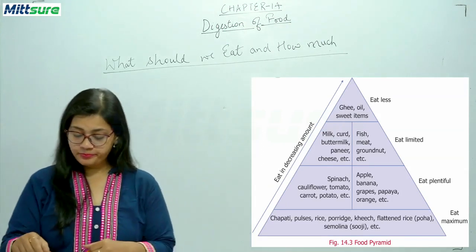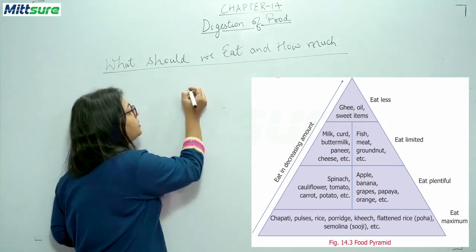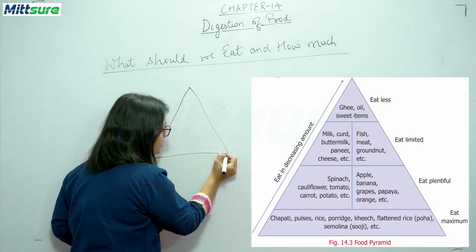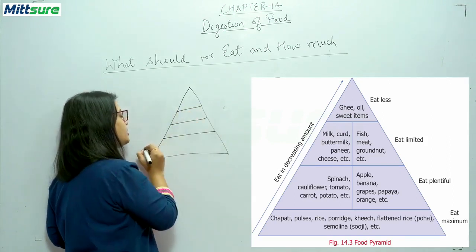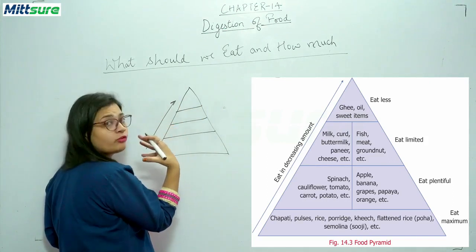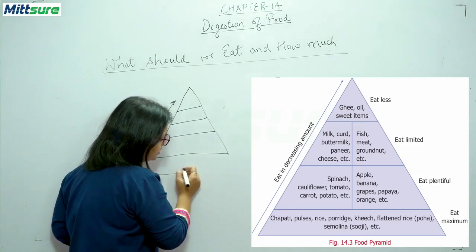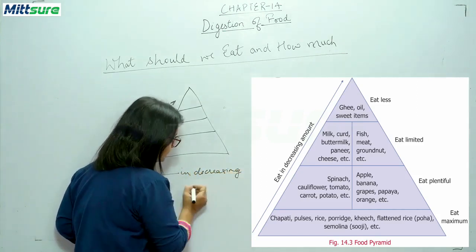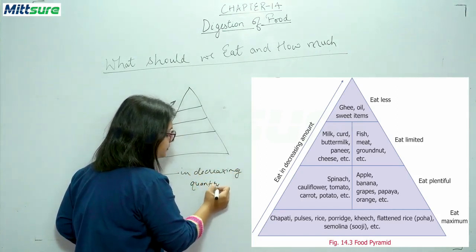Okay, now let's see the first bottom of this pyramid. It has some sections. Okay, as we go upward, the food we should eat is in decreasing quantity, or you can say amount.